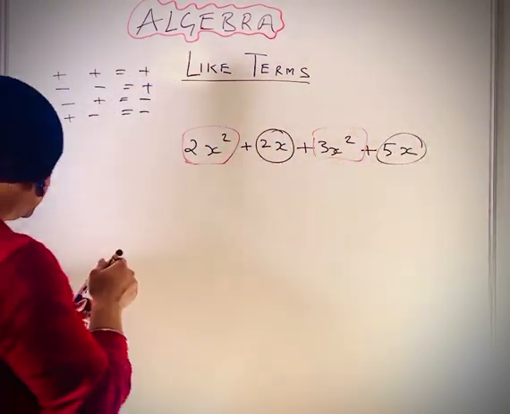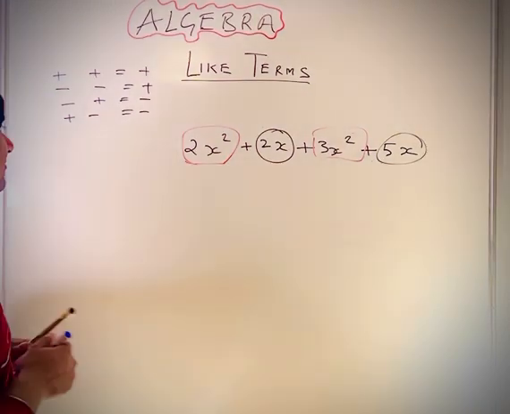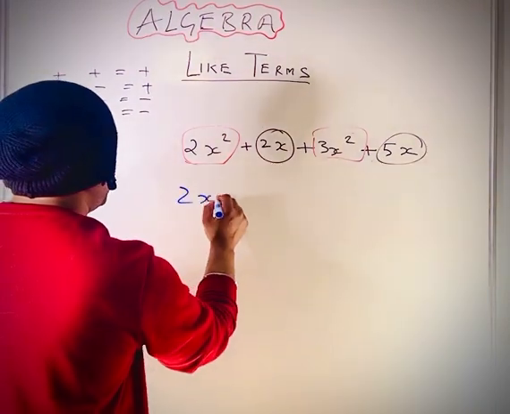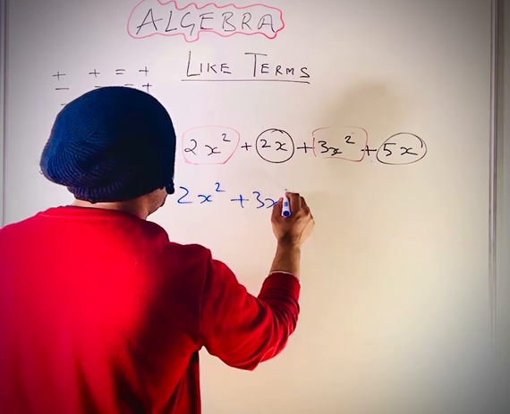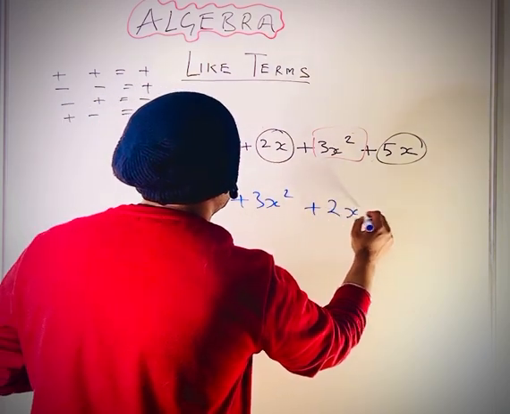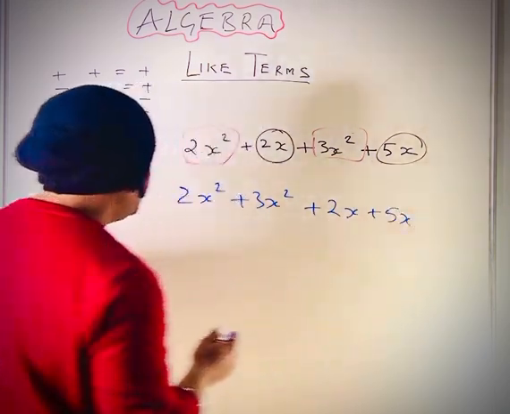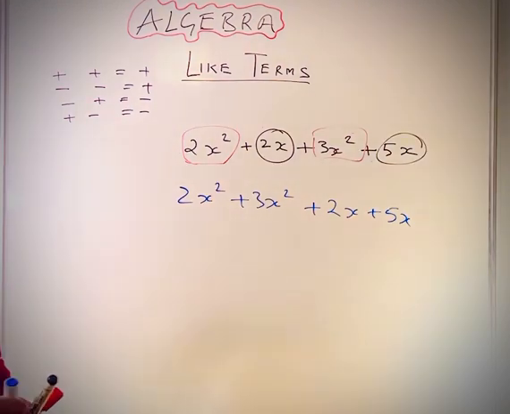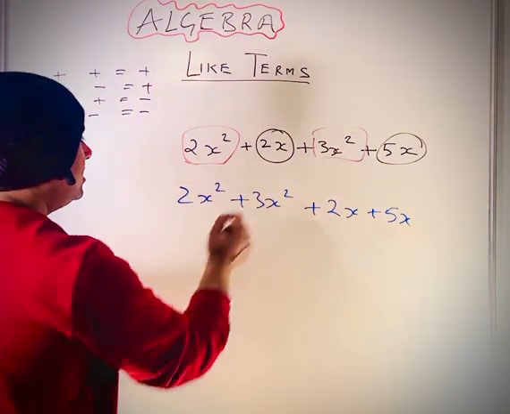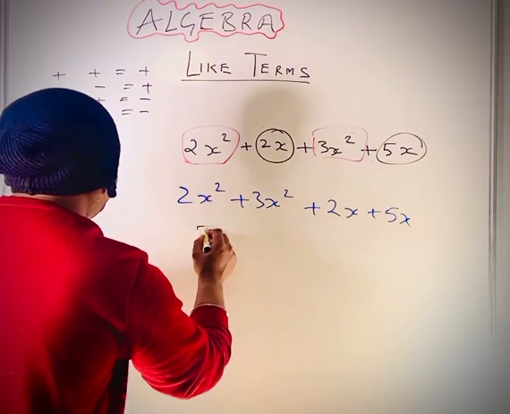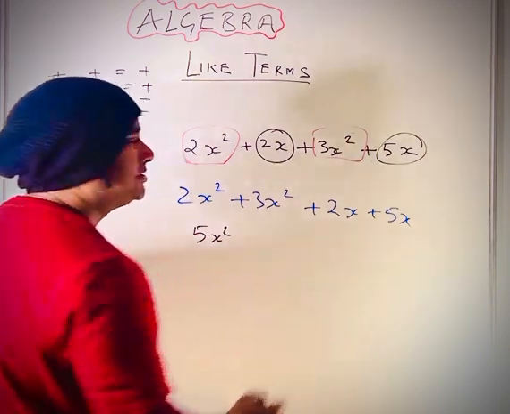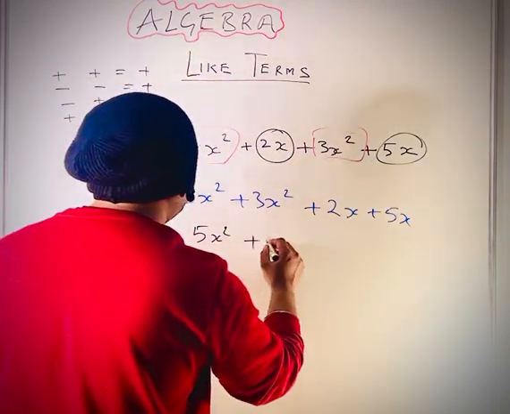So in this case, when I'm going to rewrite them, it will be 2x squared plus 3x squared plus 2x plus 5x, right? And simple addition in this case now. So 2x squared plus 3x squared will be 5x squared. 2x plus 5x, that will be 7x.